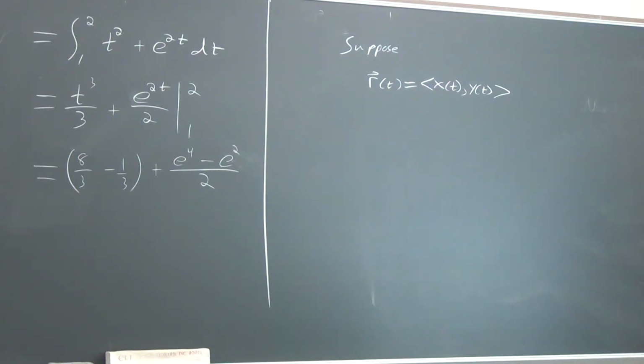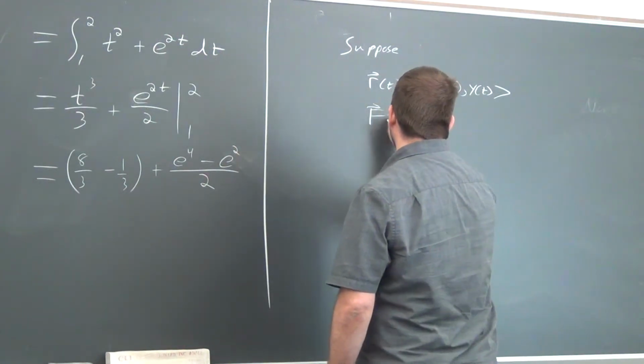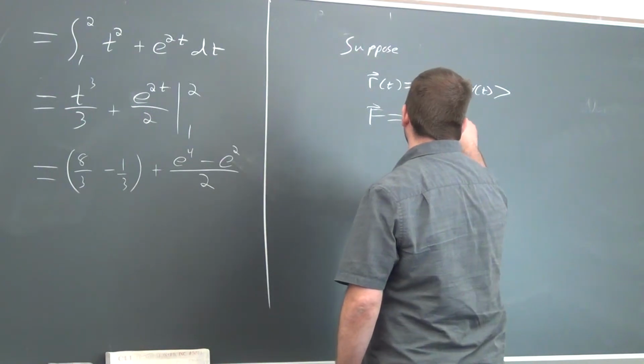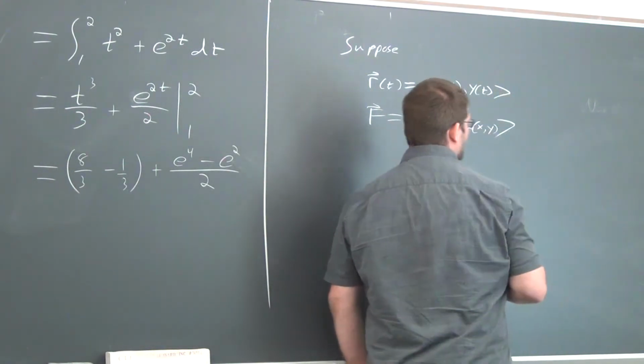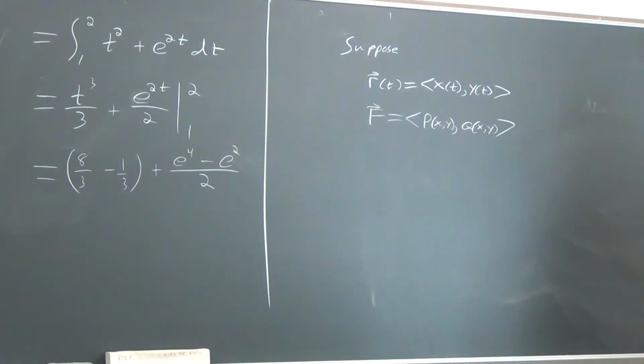And your function f is a function of two variables, with component functions p and q. I'm going to drop off the p of x y and just write it as p.